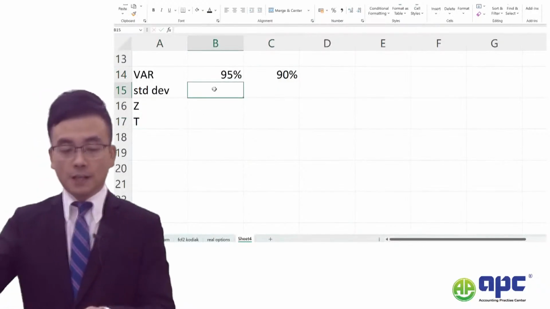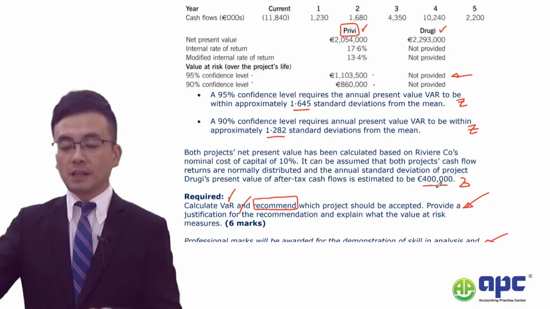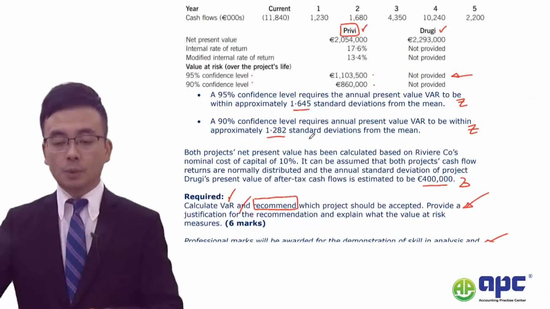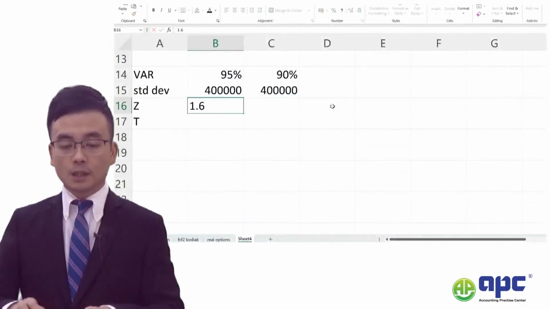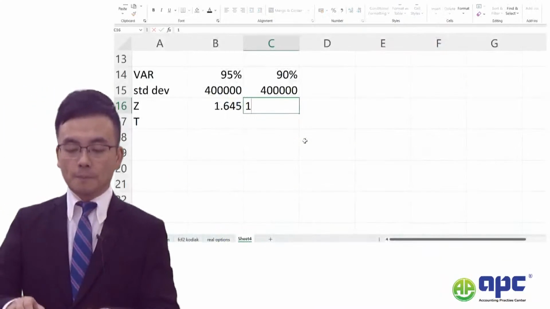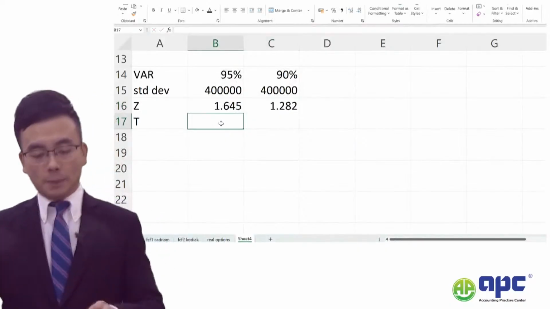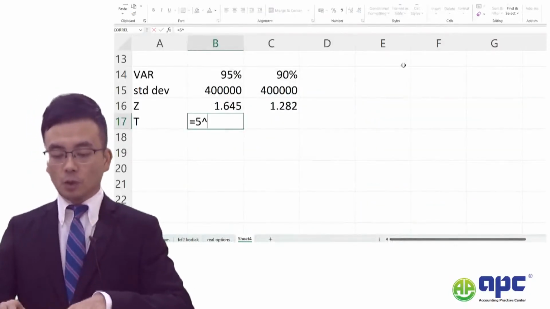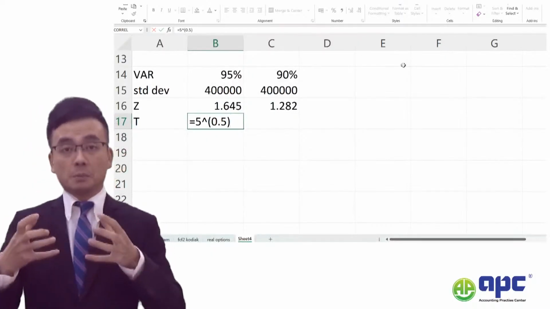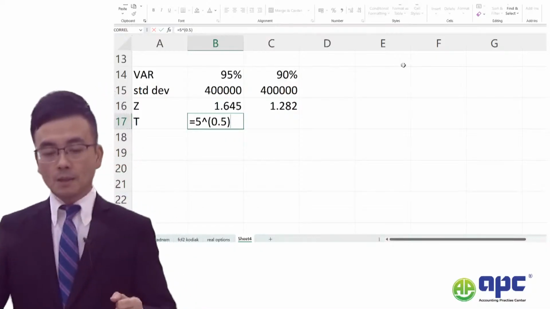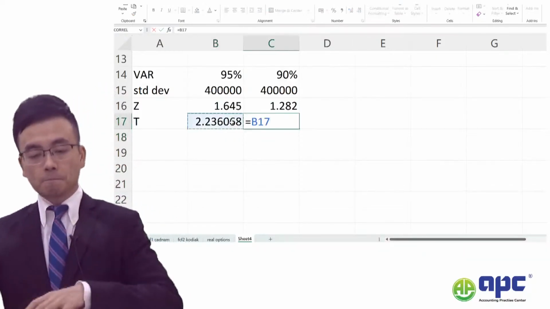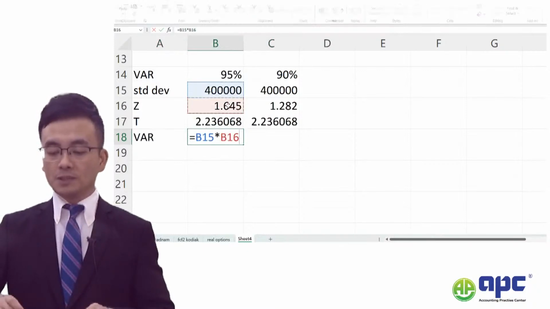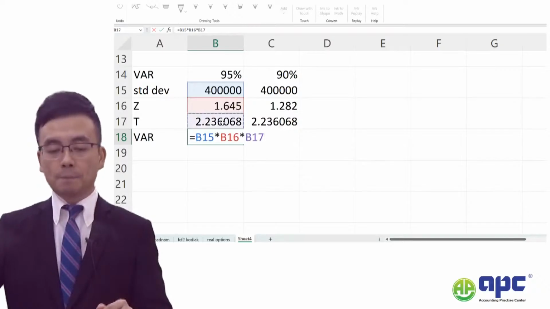The standard deviation will be the same at each confidence level, 400,000. The Z value for 95% is 1.645, and then 1.282 for 90%. For the time period of 5 years, it is 5 to the power of 0.5, because we need to take the square root, which the power of 0.5 stands for. So the value at risk is the standard deviation times the number of standard deviations, Z, times the square root of t.